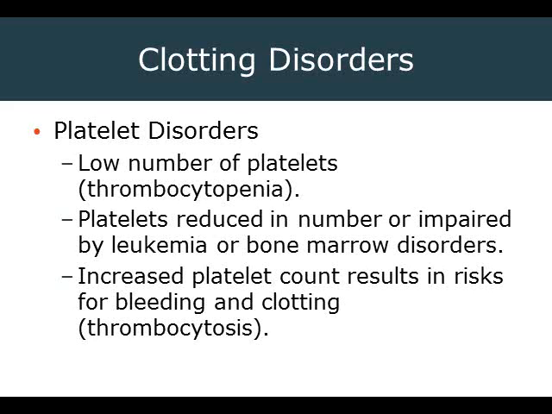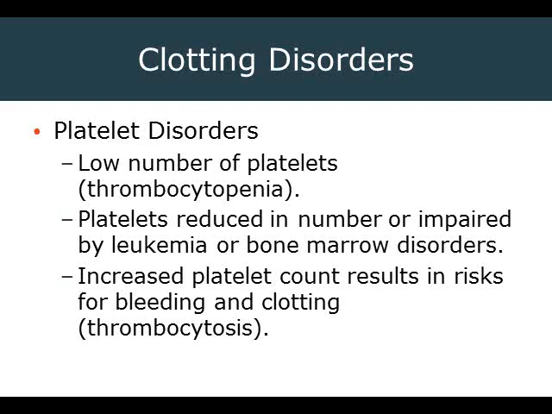We have platelet disorders. Platelet disorders, say a low number of platelets, is a condition referred to as thrombocytopenia. Thrombocytes are the platelets, and then penia is a lack thereof. So platelets get reduced in number or impaired, again by leukemia or other bone marrow disorders.